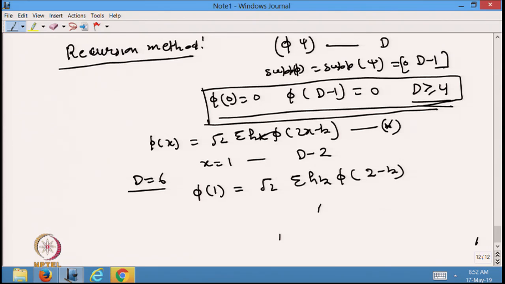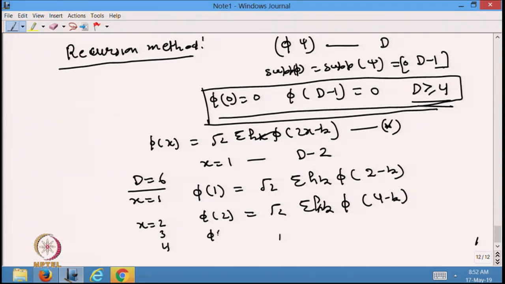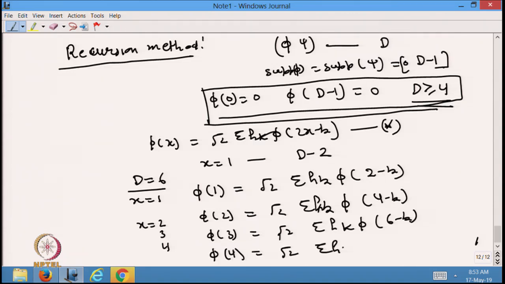Similarly, for D equal to 6, I will keep substituting. This corresponds to x equal to 1, 2, 3, 4. So phi(2) will become a summation with phi(4 minus k), phi(3) will become phi(6 minus k), and phi(4) will become phi(8 minus k).